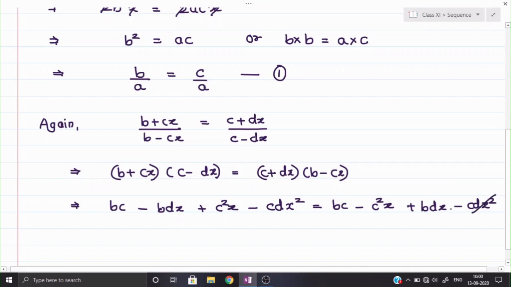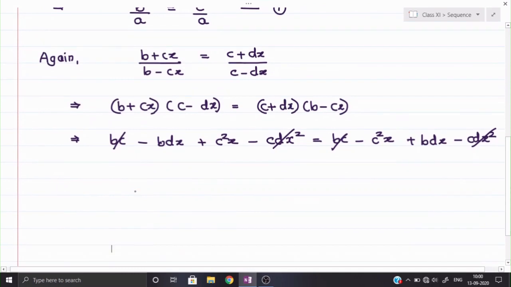So minus cdx square and minus cdx square cancel, plus bc and plus bc got cancelled. So what is remaining now? Minus of bdx. Minus of bdx I am sending on that side, and minus of c square x I am bringing on this side. So both will be added. This will become 2c square x and this will become 2bdx. Okay. Now x and x got cancelled. 2 and 2 got cancelled.